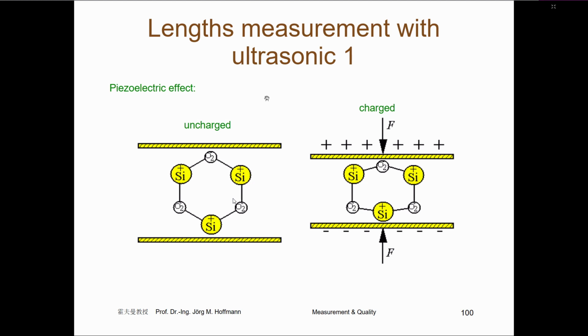All these borderlines between different materials, liquid or gas and so on, are a reason for the reflection of ultrasonic. And what we use in many cars is that you measure the time from the beep to the response.